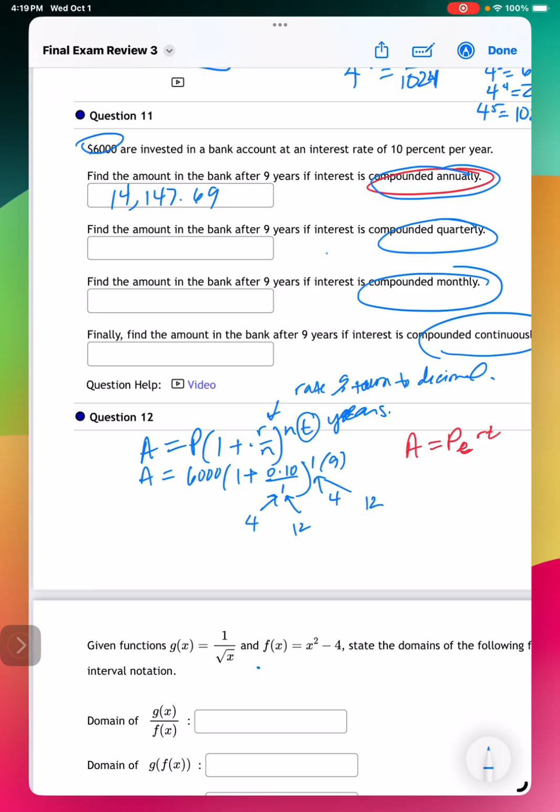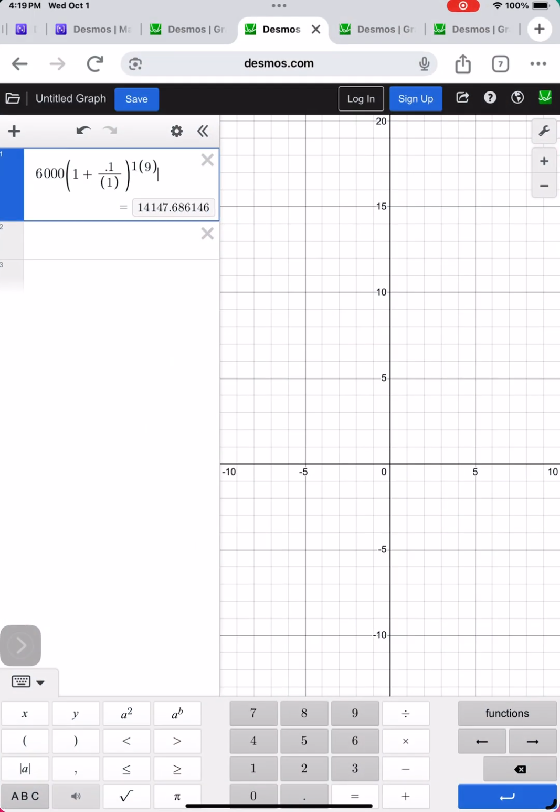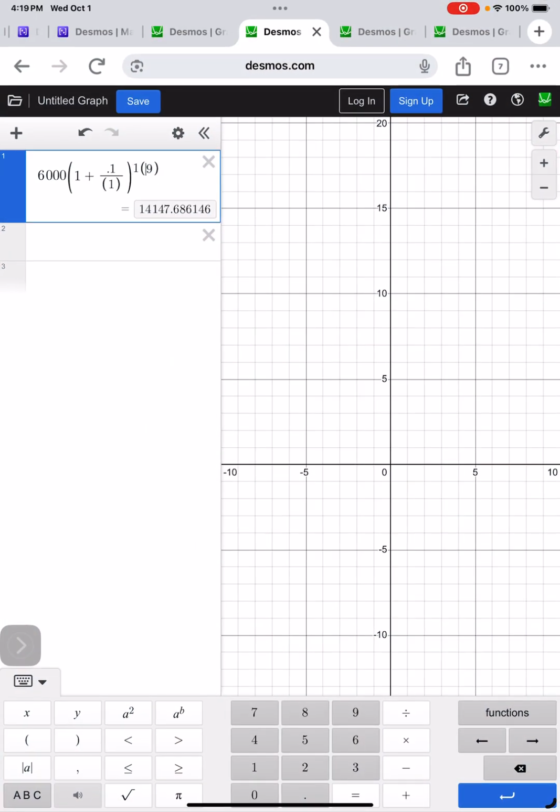Okay, now for the next one, like I said earlier, all I'm going to do is replace that 1 with 4 because it's quarterly. So I'm going to come back over here, make that a 4, make this one a 4, and I get $14,595.21.